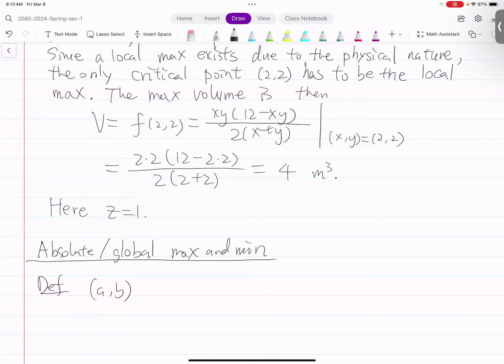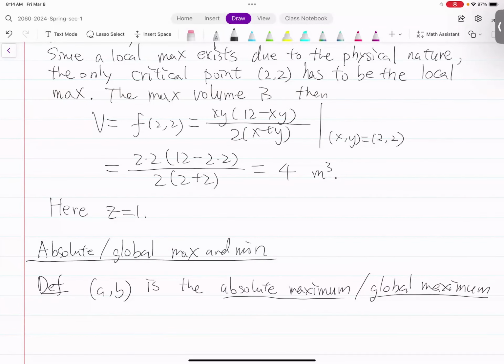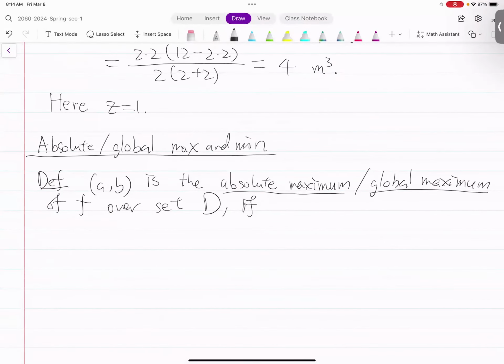We say the pair (a, b) is the absolute maximum, or global maximum, of the function f over a set D if any (x, y) pair has a functional value that's upper bounded by f(a, b), for all (x, y) pairs in the set D.